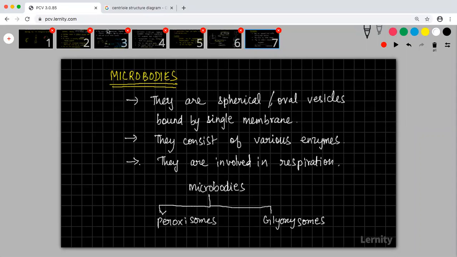Okay, so they are all small vesicles, small bodies, that you will see. These things will contain enzymes. There is a single membrane covering them. And what is the role of it? They are involved in respiration. You have two things: one is peroxisomes, the other one is glyoxysomes.